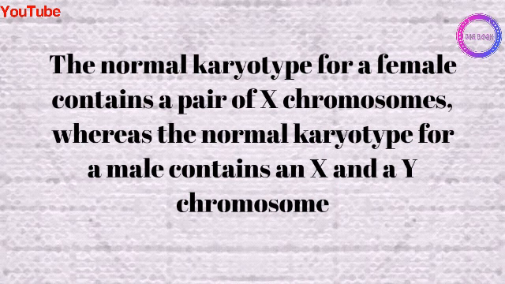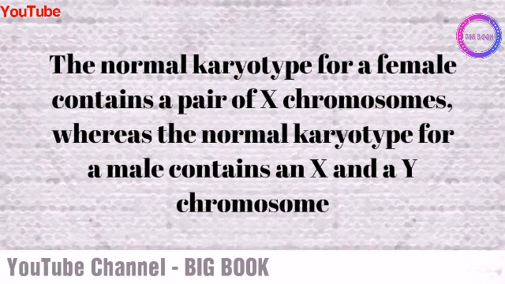Coming to the next slide, the normal karyotype for a female contains a pair of X sex chromosomes, whereas the normal karyotype for the male contains an X and a Y chromosome. This is as discussed in the previous slide.